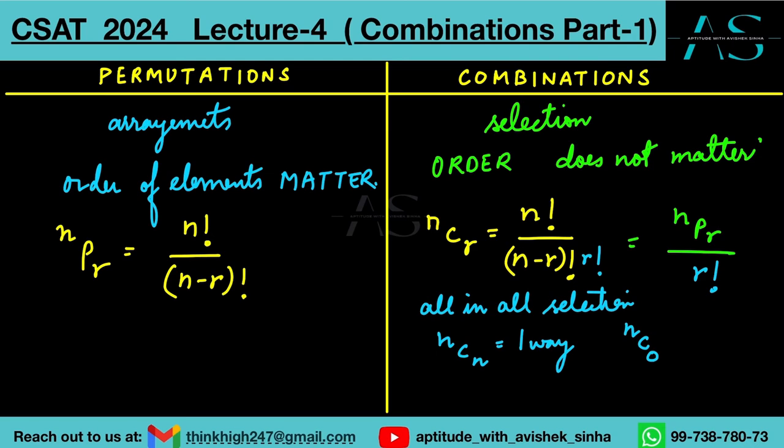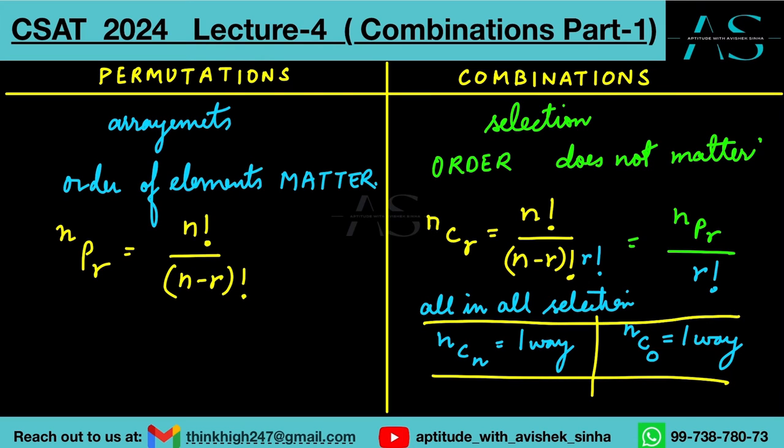That is one way. nC0 is also one. So these 2 things should be very clear to everyone. The number of ways of selecting all in all is one way. The number of ways of not selecting a particular person is also one way. Alright, let's move forward.